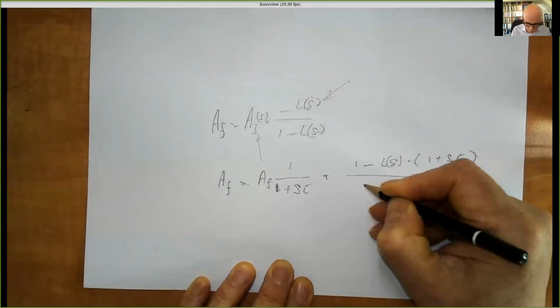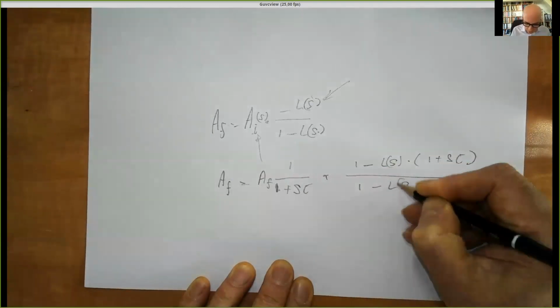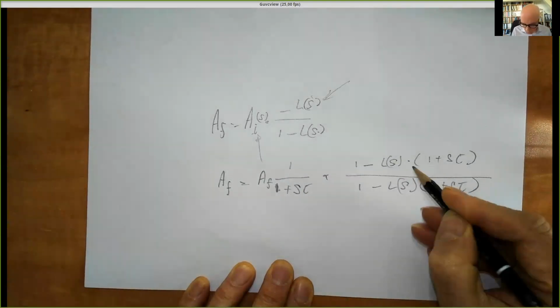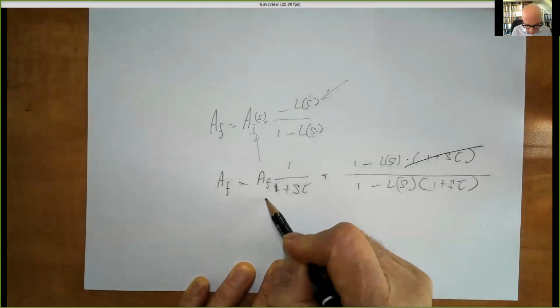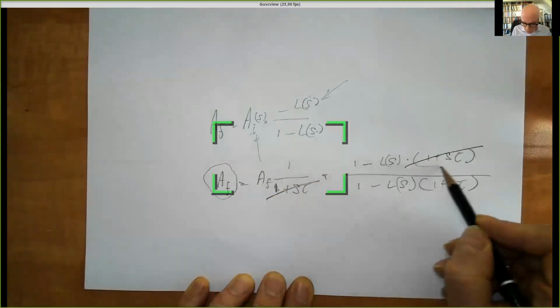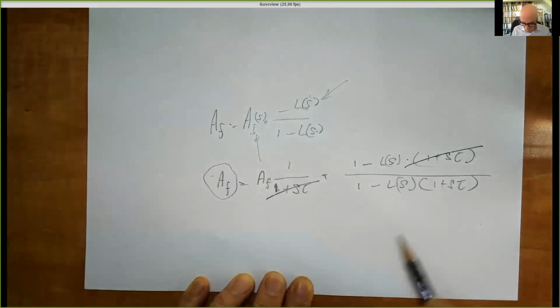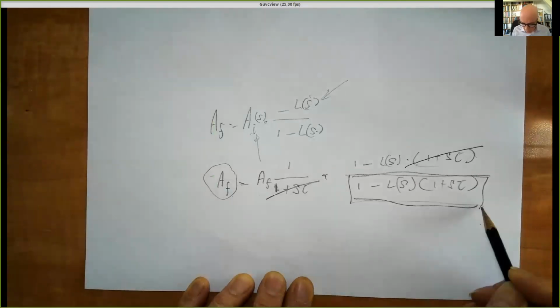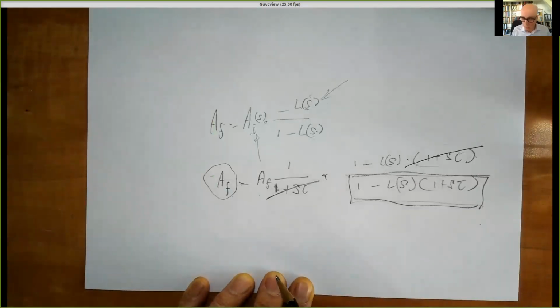And here also the 1 minus L that I already have times 1 plus S tau. Now this one cancels with this one. And that is why you don't see the phantom zero in the gain. But it still changes the characteristic equation here. And that is the effect in which it corrects the high frequency response. That was in the presentation of the phantom zero, and it will be on the web soon.